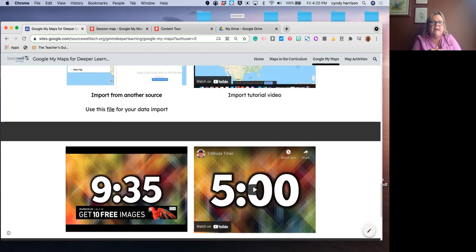A lot of times, in US history, if I wanted to show change over time, I would make a different layer. Or if I wanted students to work in groups or all individually, with 30 different students working on the map at the same time, I would give them a layer. So that's how I would use that. I hope that's helpful.